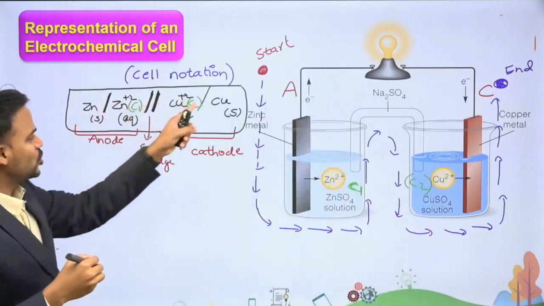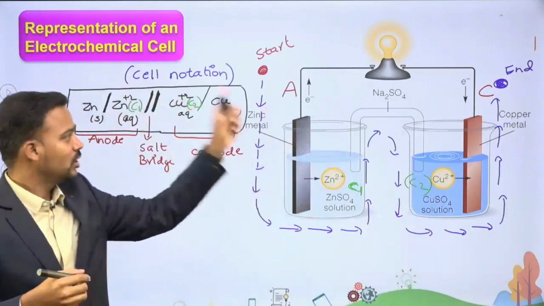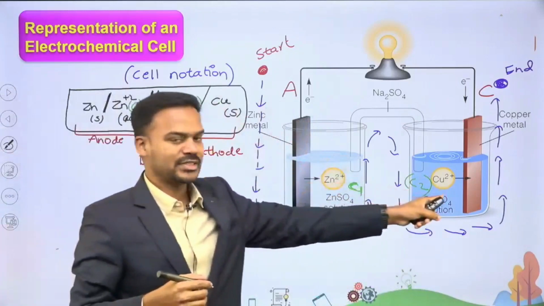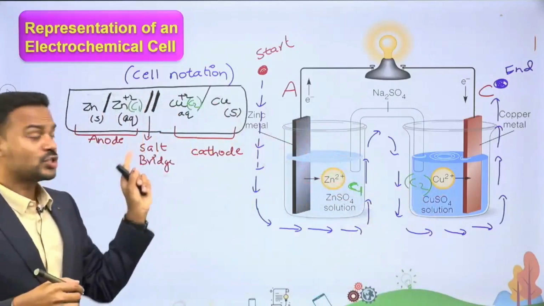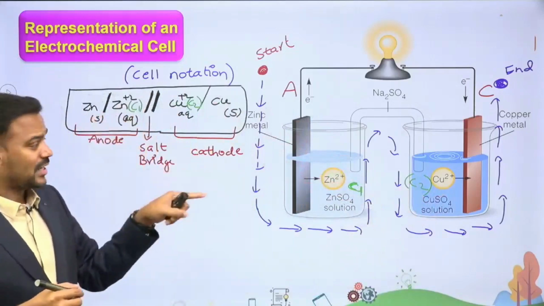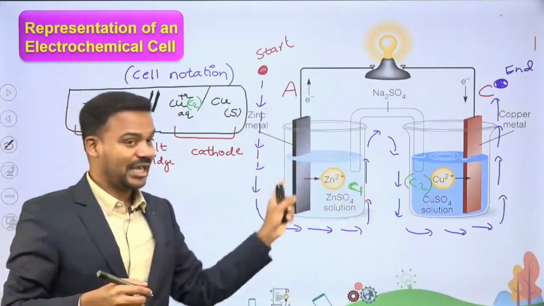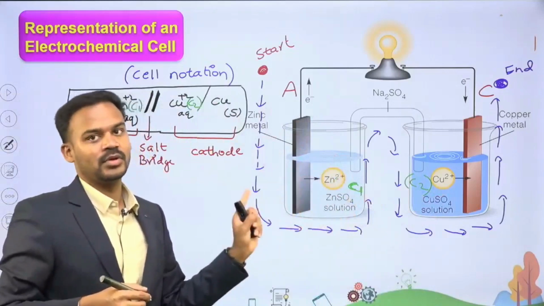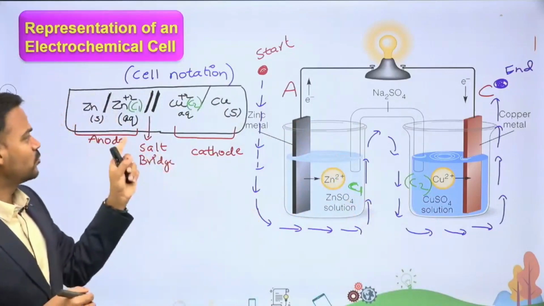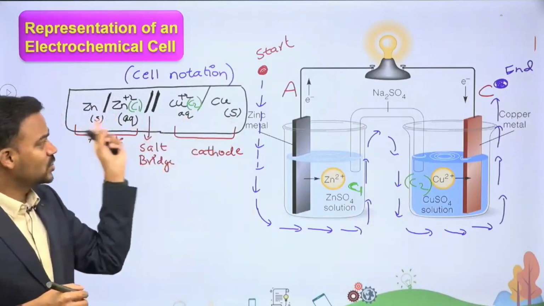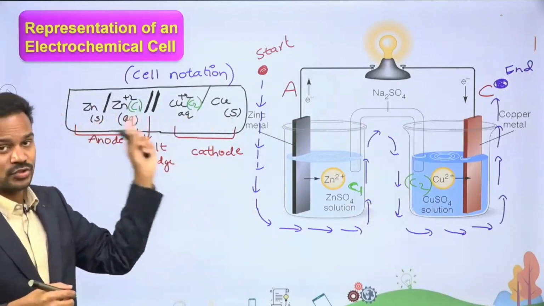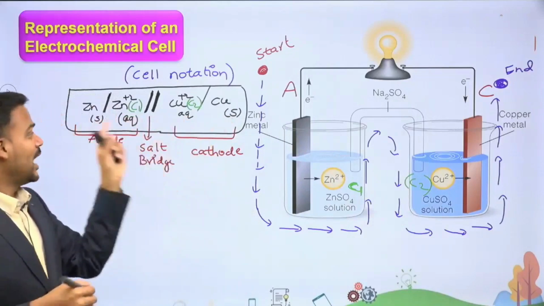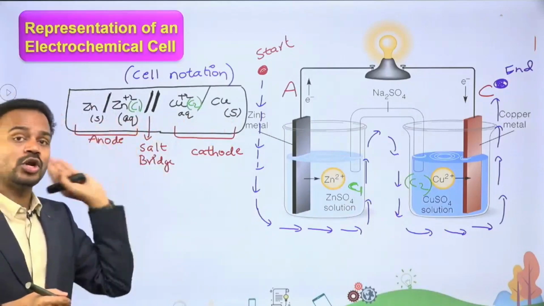Always write down the concentration of the electrolyte you have taken. Do not forget that. The mention of state is also very, very important, and it gives you a lot of information.